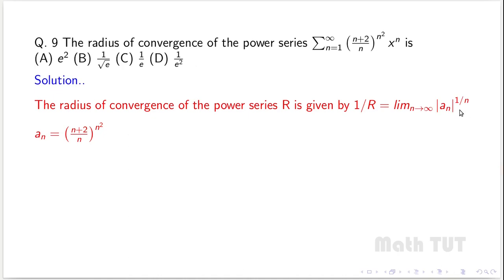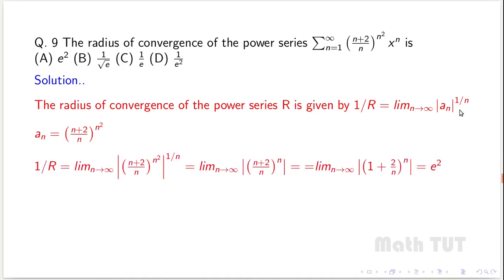So if you just apply this limit, what you're going to get is limit n tends to infinity (n plus 2 by n) whole power n, which you can in fact rewrite in this form, limit n tends to infinity mod (1 plus 2 by n) power n, and which is in fact nothing but e square, because we know that limit n tends to infinity (1 plus x by n) whole power n is e power x.